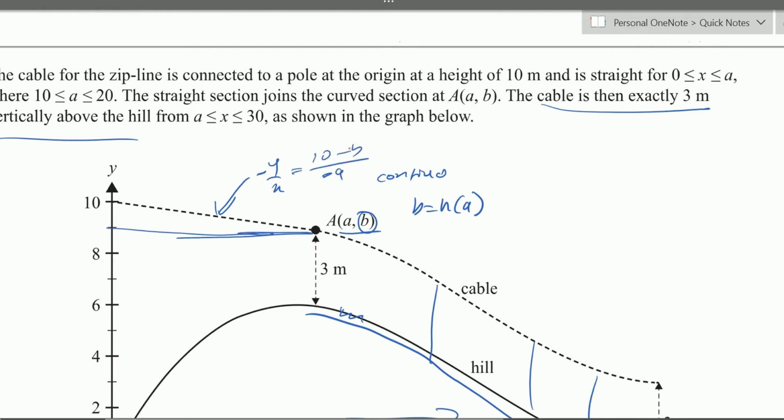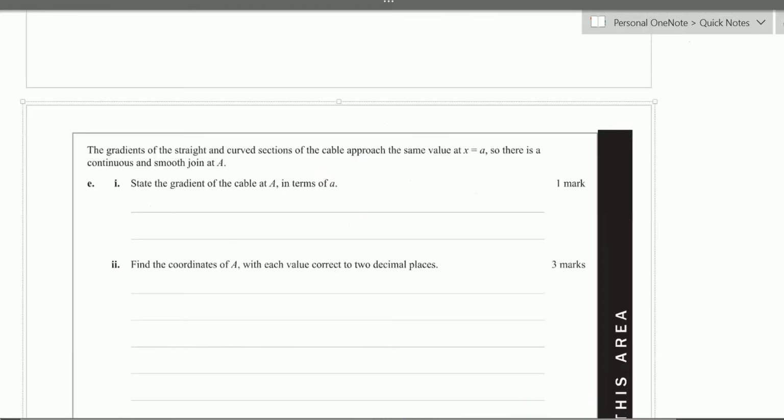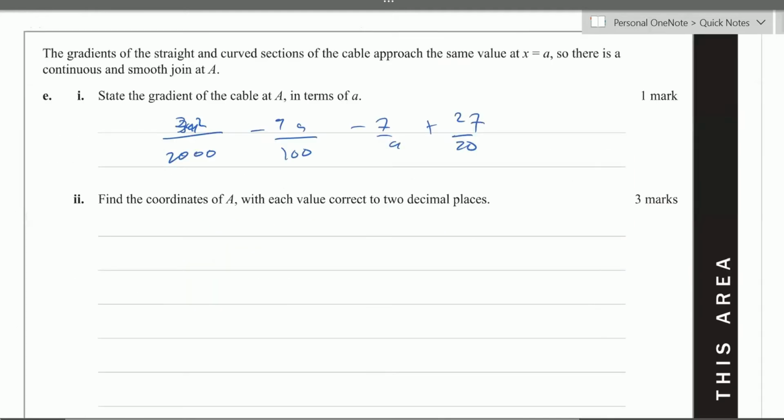So you can sub in your a and your b, and make sure to have b in terms of a from the first equation. I got 3a squared 2000 100 minus, but I think the answers have it simplified, but it's the same thing.